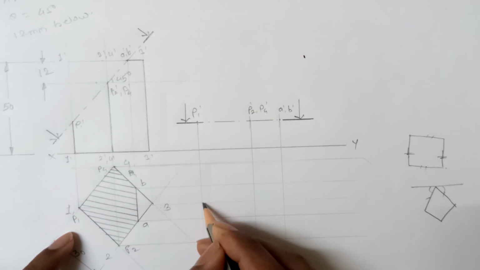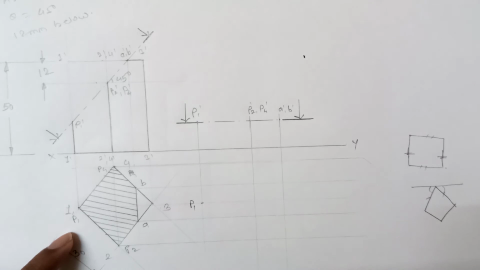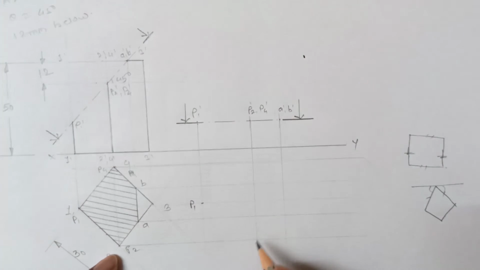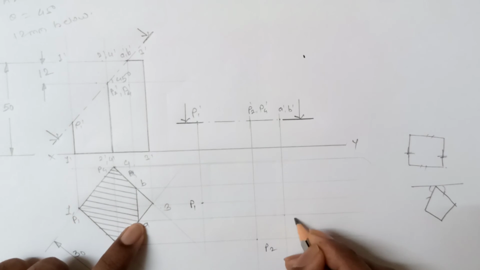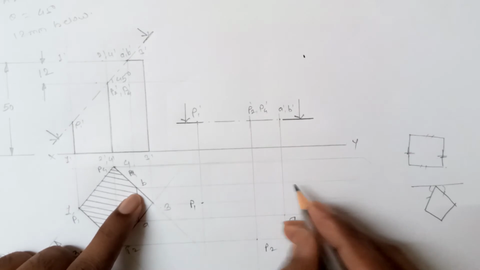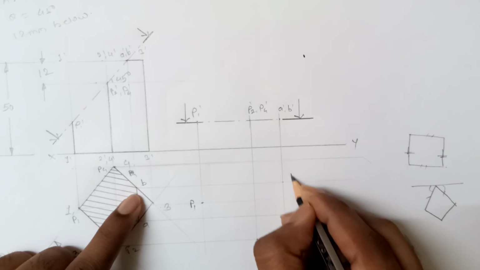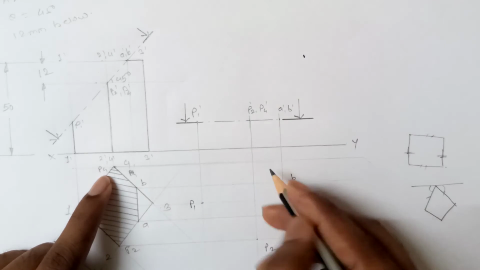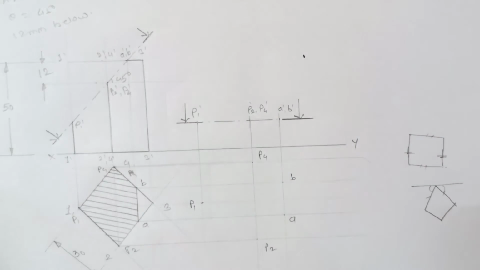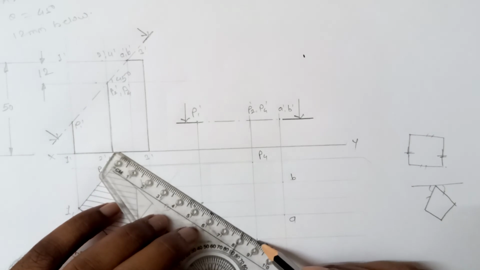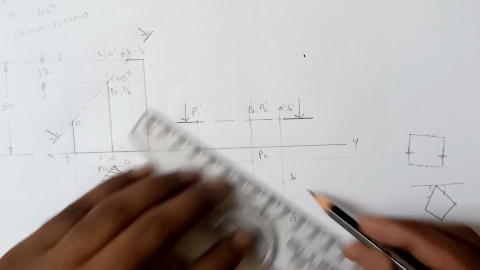So this point is P1, P2 dash, this point is P2, A dash, this point is A, B dash, this point is B, P4 dash, so this point is P4. Join all these points with a continuous thick line, meaning dark line.